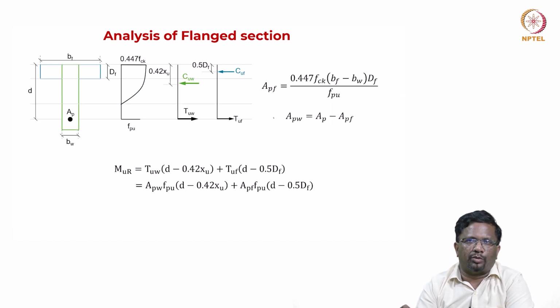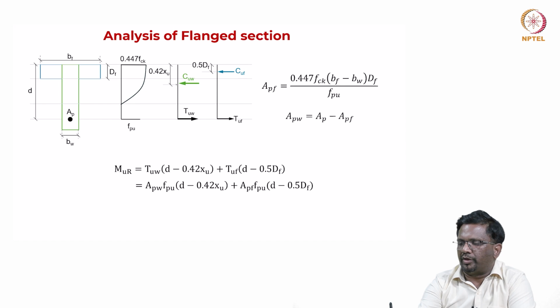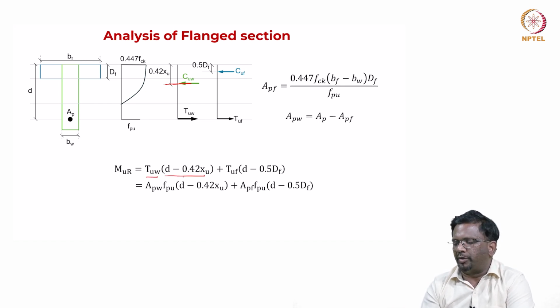Now, how do we get the moment resistance, right? So, let us say that I am taking moment resistance for each system. For this I am taking moment resistance about, let us say, at this location 0.42 XU, then, because these two are in equilibrium, it is going to be TU times D minus 0.42 XU, which is your lever arm.